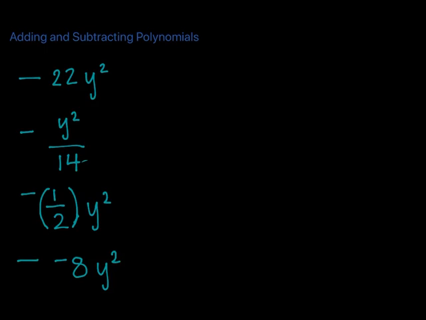In this example, we have 22y squared over 14, 1/2 y squared, and negative 8y squared. In this example, all of our terms are also like terms, because the variables are all y squared.